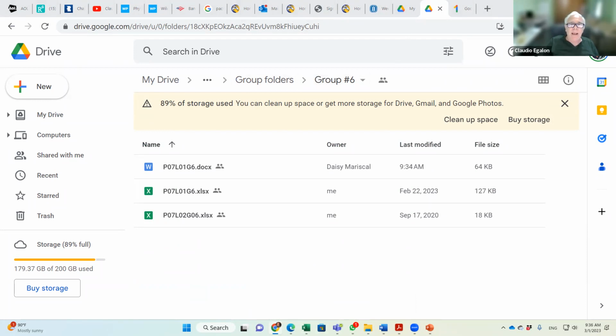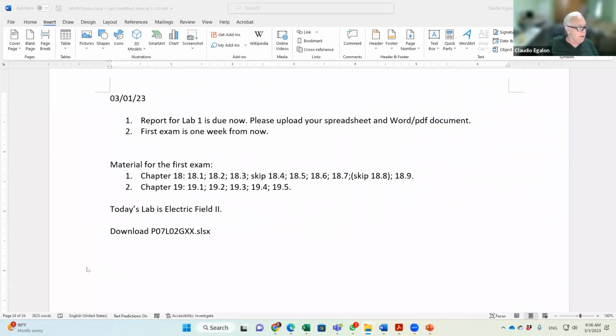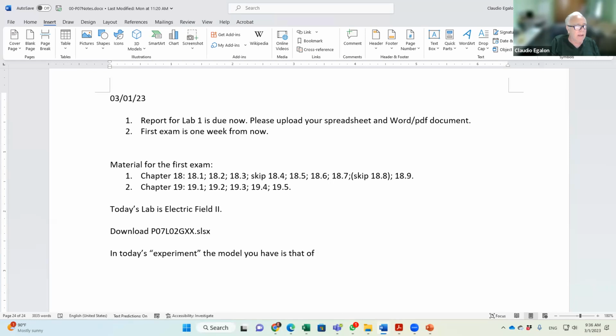So let's start with the lab now. Today is electric field 2. Let's see what you see now in today's experiment, experiment between quotes. The model you have is that of a point charge.